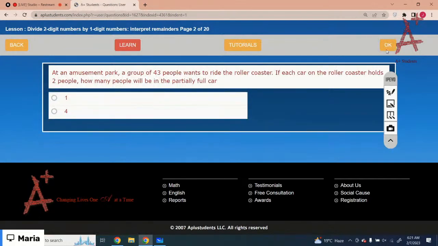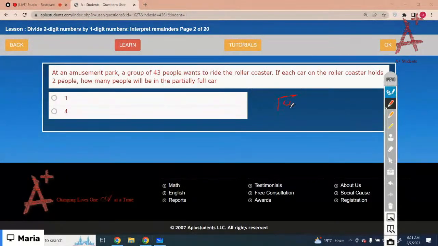Okay, the next one is at an amusement park. A group of 43 people wanted to ride on the roller coaster. If each car on the roller coaster holds two people, how many people will be in the partially full car? So you have to divide 43 by 2. So 2 times 2 is 4, 2 times 1 is 2, and 3 take away 2 is 1. You are just left with 1 person.